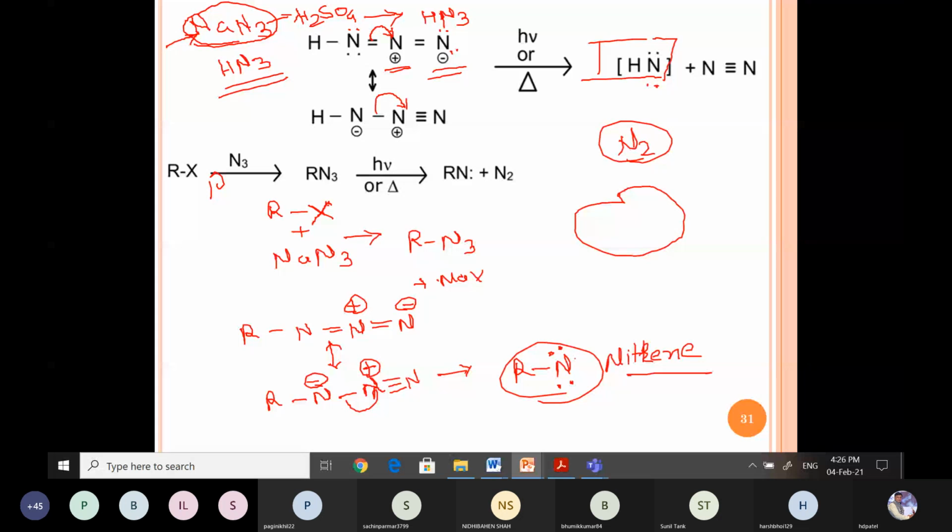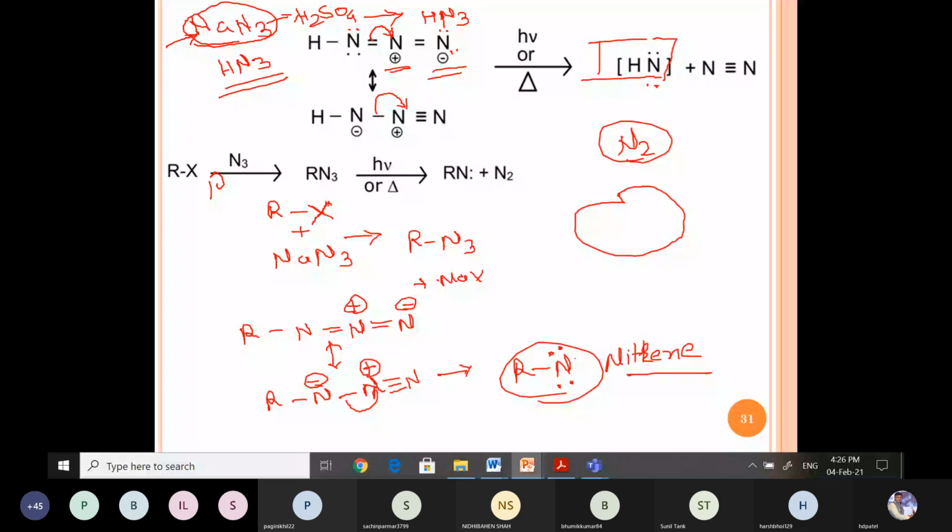We have already discussed this Curtius reaction, but to explain in a detailed form, suppose you are having acid, by treatment with thionyl chloride, SOCl2, it will convert into RCOCl, and by treatment with NaN3 it will convert into RCON3.